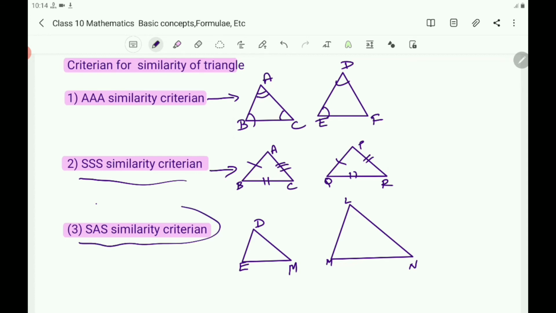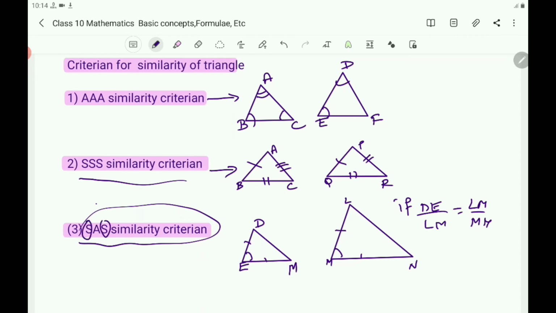And SAS similarity criterion says if two pairs of sides are in the same ratio, that is DE by LM equals EF by MN, and their included angle, angle E equals angle M, then it is called SAS similarity criterion.